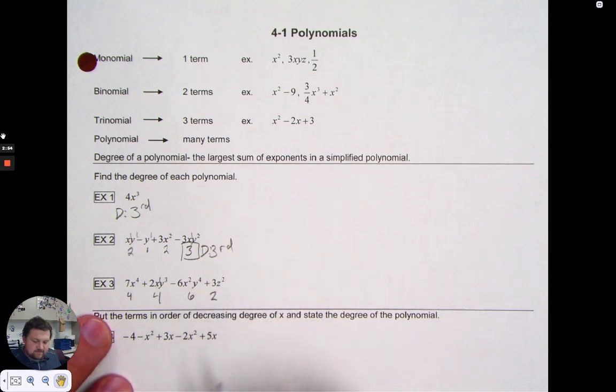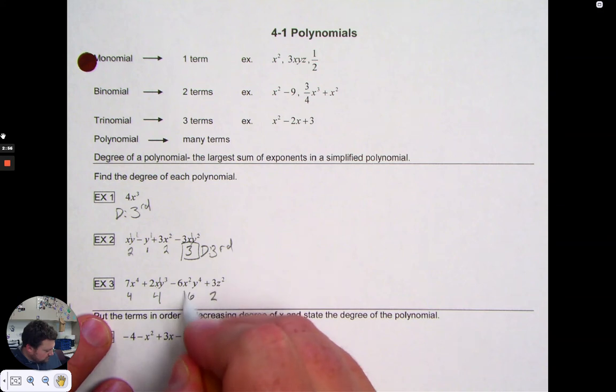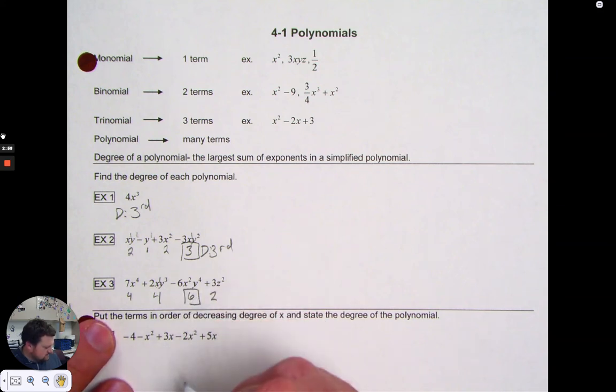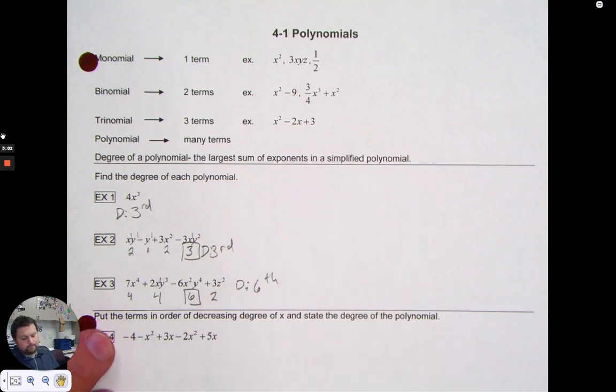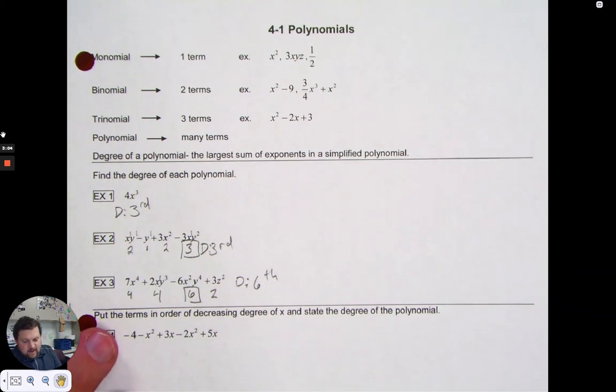And then here we have just the second power. Which one's the highest? Well, it's the 6th, so my degree on this is the 6th degree. Now that method will always work to determine the degree of the polynomial.